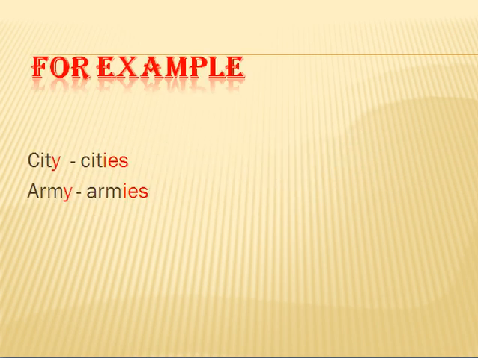For example, city. Here city is the singular form and y comes at last, so in place of y we have to put ies to make it plural. Similarly in army we have to replace y with ies. So city becomes cities and army becomes armies.